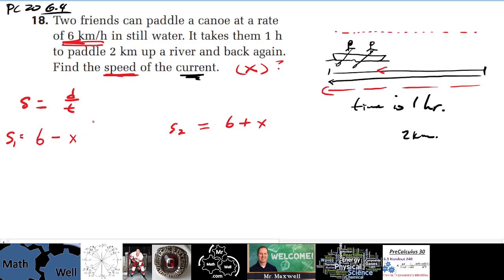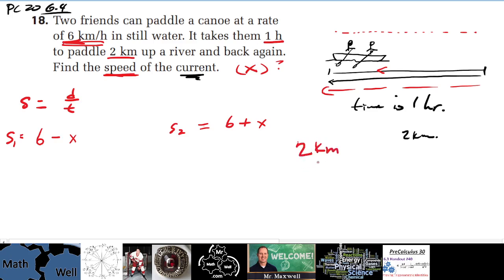Nice. Okay, how can I tie this together? Well, speed is distance over time, right? We're given a time and a distance. So the total trip, it says 1 hour. So 1 hour and 2 kilometers.